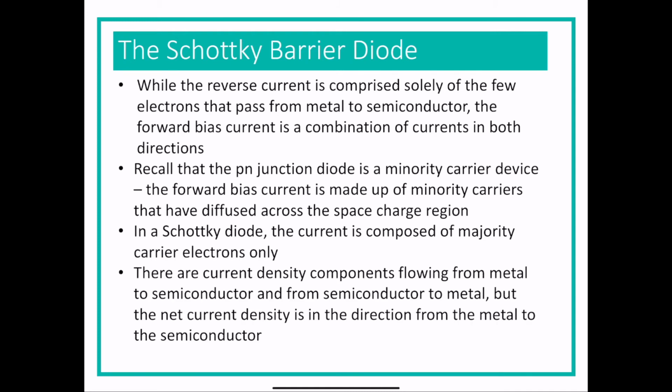So there are current density components flowing from metal to semiconductor and semiconductor to metal, but the net current density is in the direction from the metal to the semiconductor. And why would that be? Well, basically because the potential barrier for a forward bias Schottky diode doesn't change.